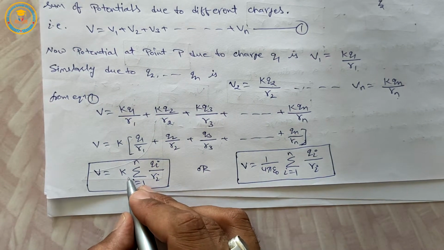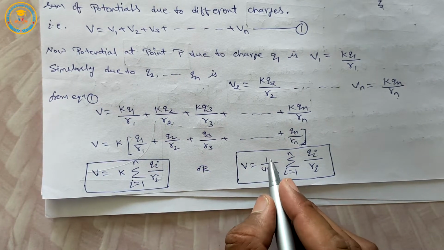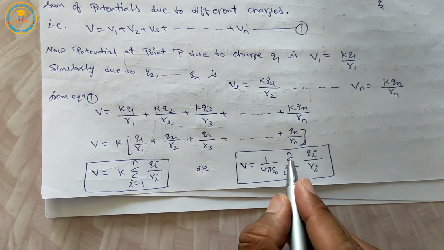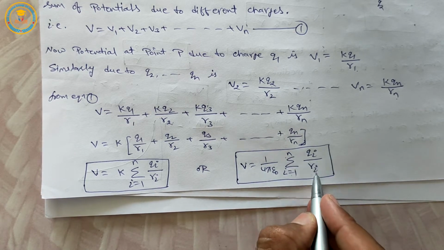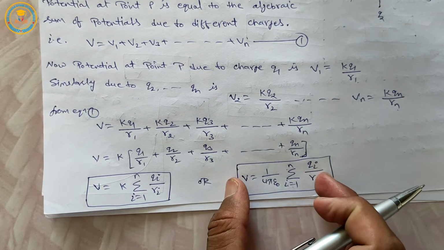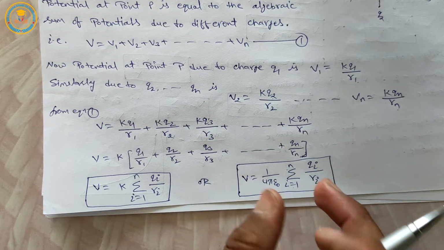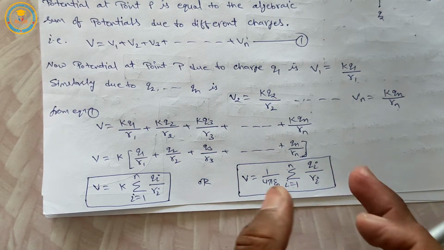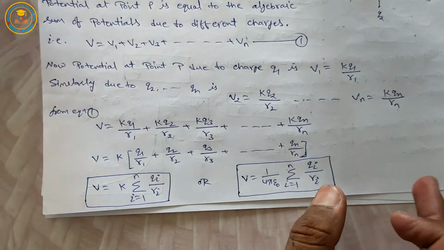Put the value of K. V equals 1 upon 4 pi epsilon naught summation i equals 1 to n Qi upon Ri. This is the expression for the electric potential due to a group of charges at any point.